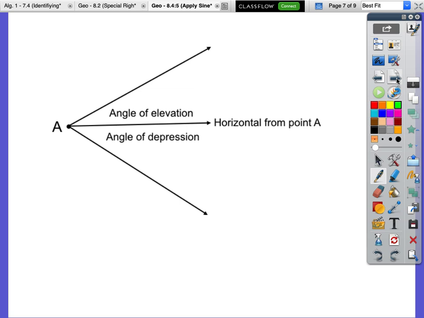Think elevating, elevator, you go up. Angle of elevation.